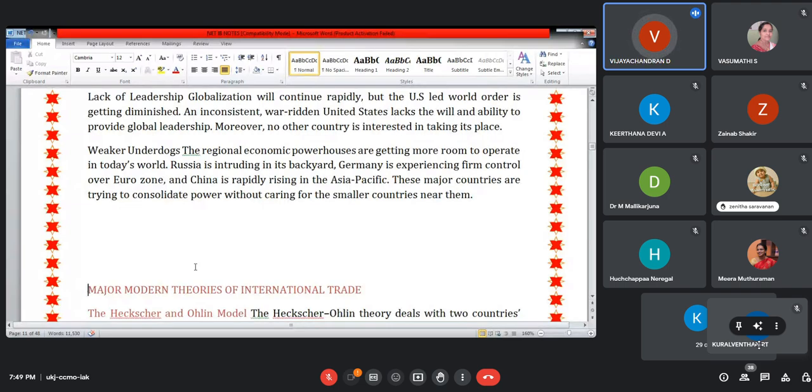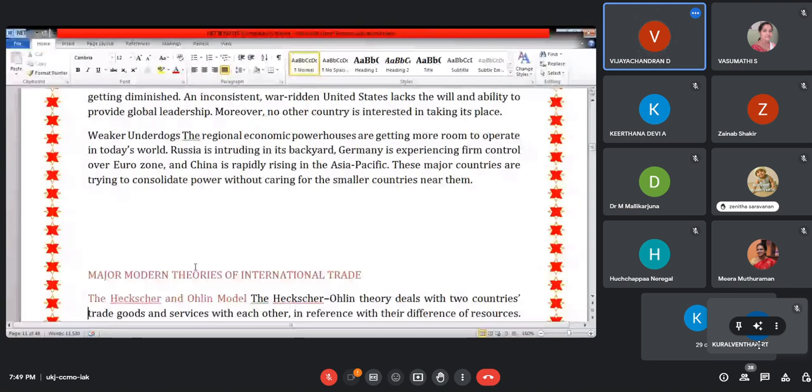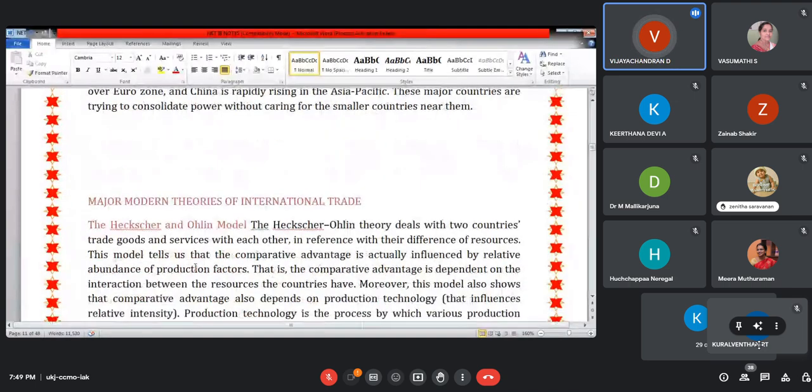Next, I'm moving on to another important topic. What are the international trade theories? In the match-the-following type, in your examination, they will ask about the different theories in international trade, and you should be thorough.